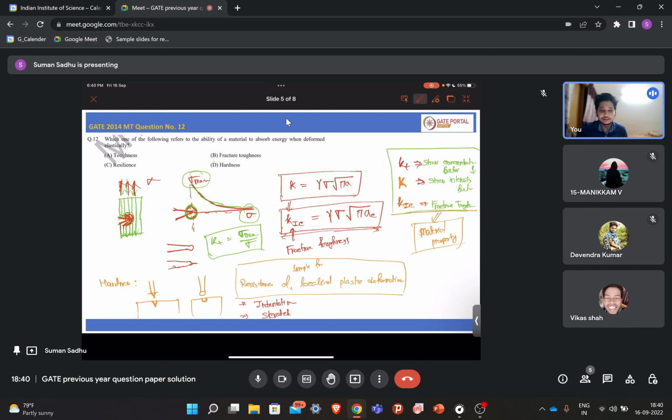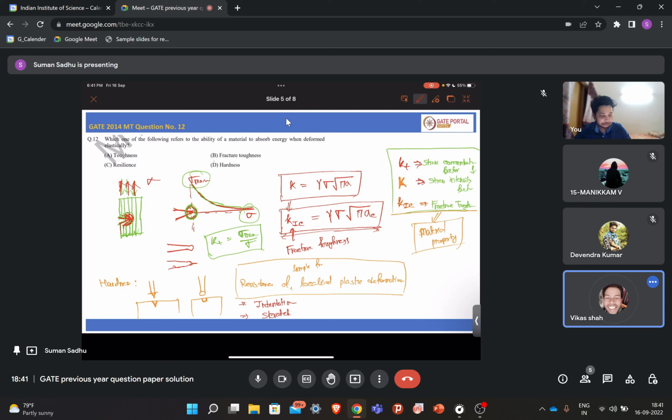But if your material is soft, it will have less resistance to scratching, right? Let's say you take an aluminum sample and a nickel sample. In aluminum you can easily make a scratch, but in case of the nickel sample, you won't be able to make a scratch so easily, right?